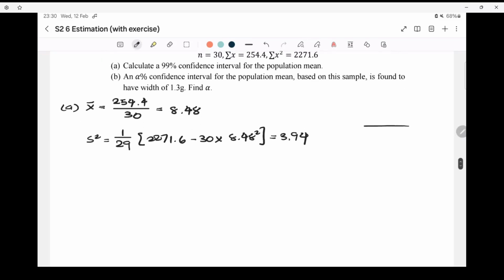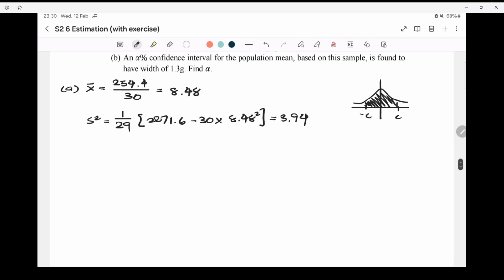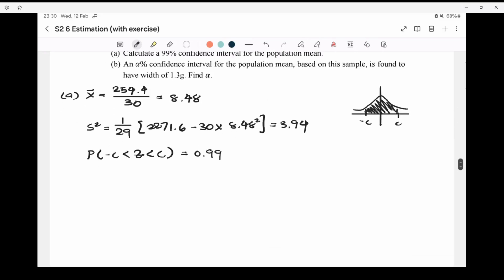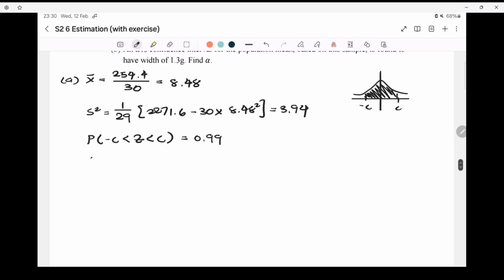So remember just now when I drew the bell curve, your C is defined to be this way, right? From minus C to C, that will give you 0.99, because for the first part you need to calculate the 99% confidence interval. So the left side will be Z smaller than C minus, the minus C part you need to reflect to the right side.